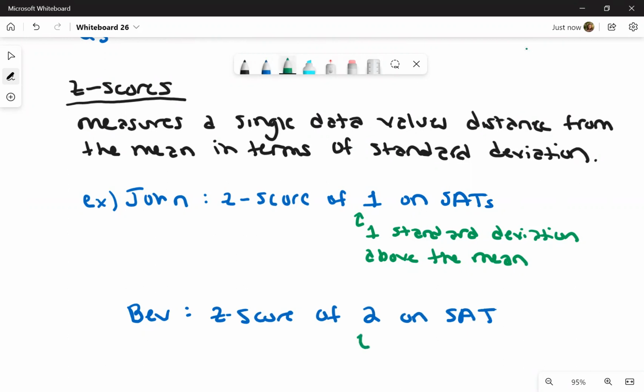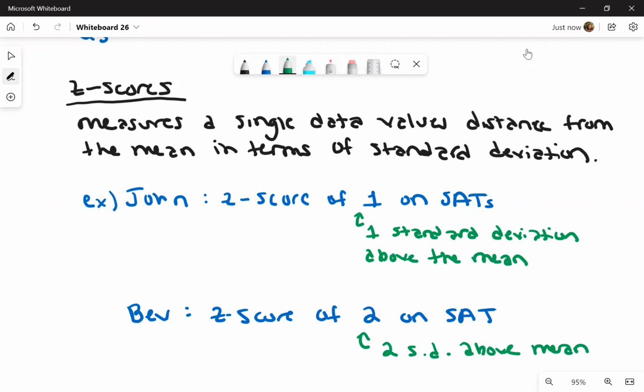I'm going to abbreviate this as SD. So she would have scored better than John, because she's even higher above the mean than John is. So z-score gives us a way of comparing data, and what's cool about it is it allows us to compare data on unrelated matters.